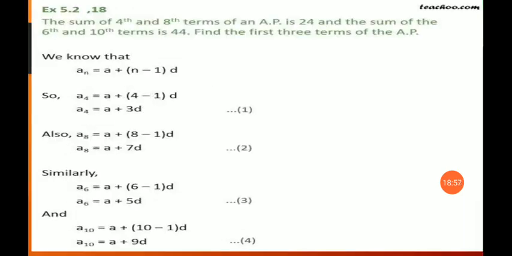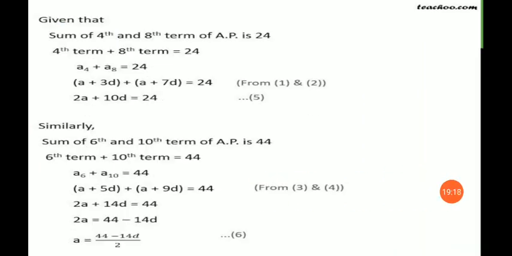Understood? What we have done? First we have taken A4 plus A8. Here they have taken the long process. We don't have to go by that process. We can use a shortcut directly. A4 plus A8 is equal to 24. Then A6 plus A10 is equal to 44.